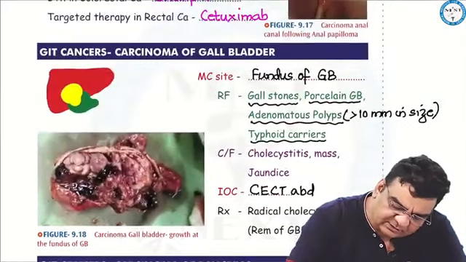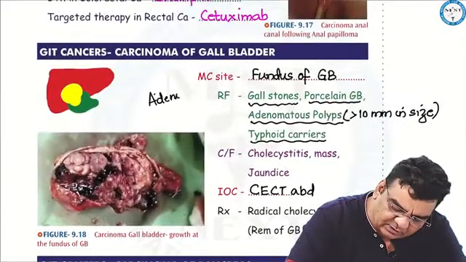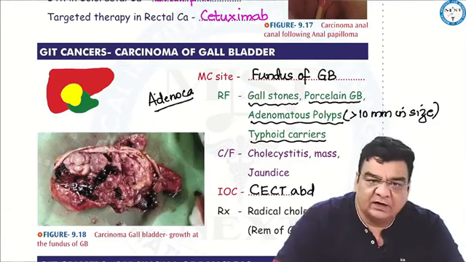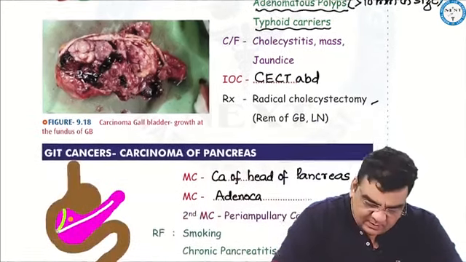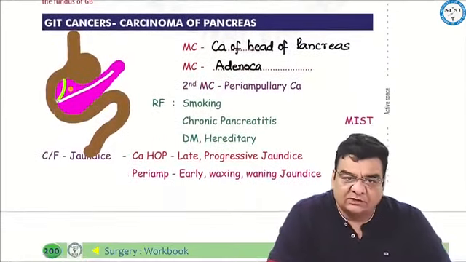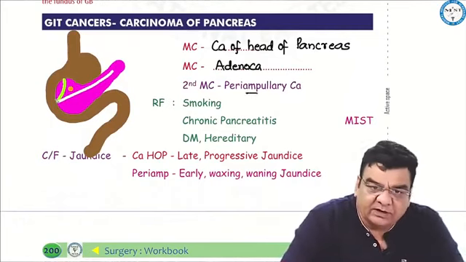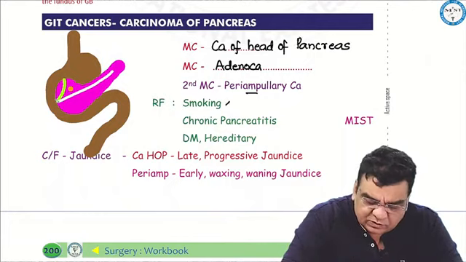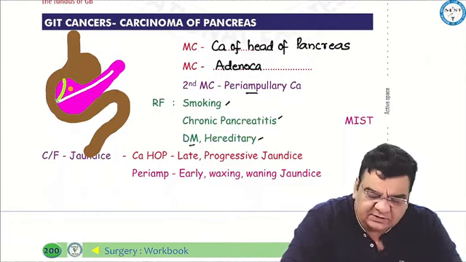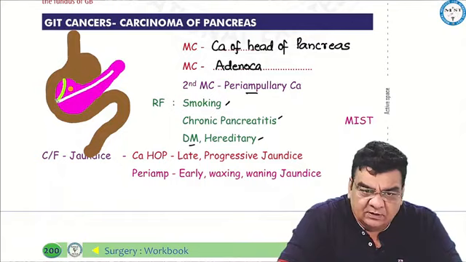Even gallbladder, beta, is an adenocarcinoma. Pancreas is also adenocarcinoma. Second most common malignancy here is a periampullary carcinoma. The risk factors include smoking, chronic pancreatitis, diabetes, and hereditary stories.